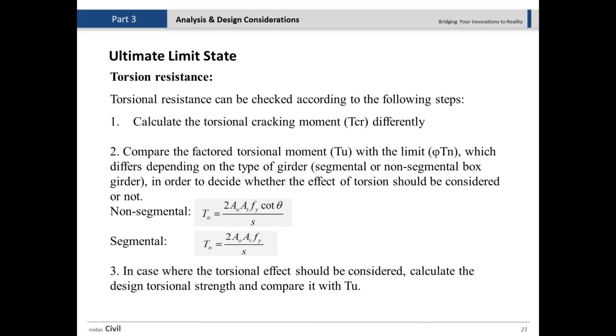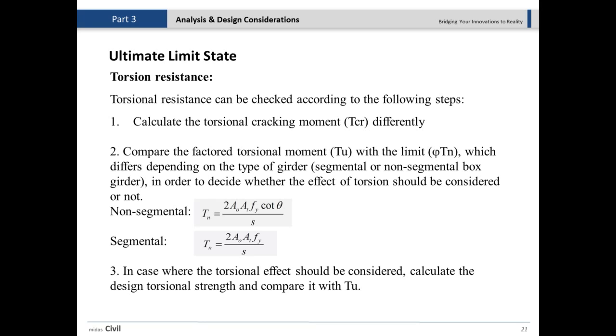And another important factor is the torsion, because we have to check the torsion separately, and also we have to see the effect of torsion and shear at the same time to come up with a safe design.